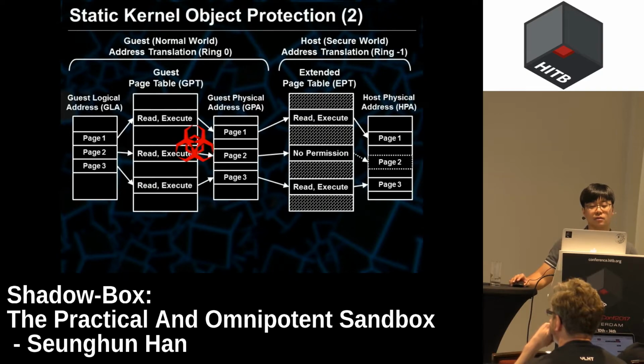If rootkits infect the system, they attack the physical page directory or page table in the guest to change code and system table like this. This is a typical attack.